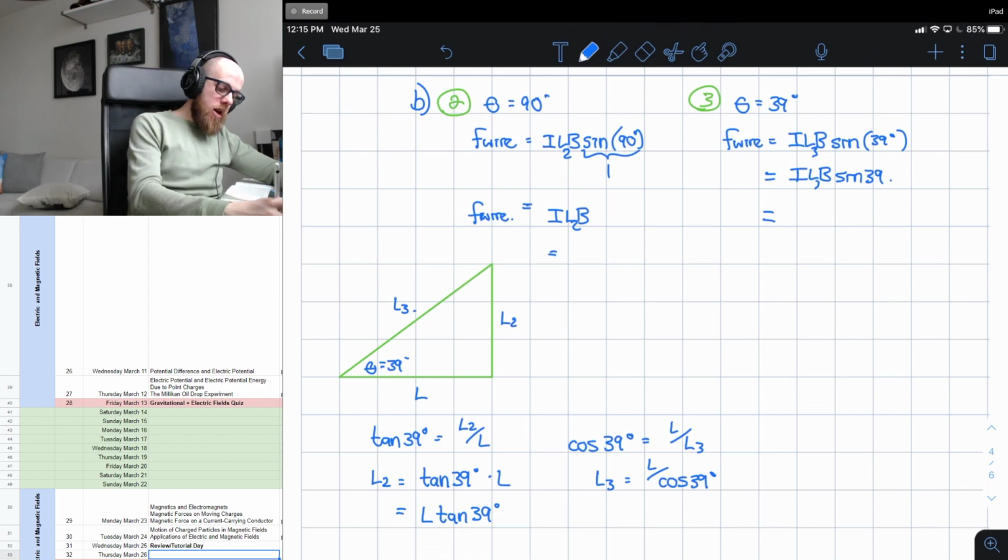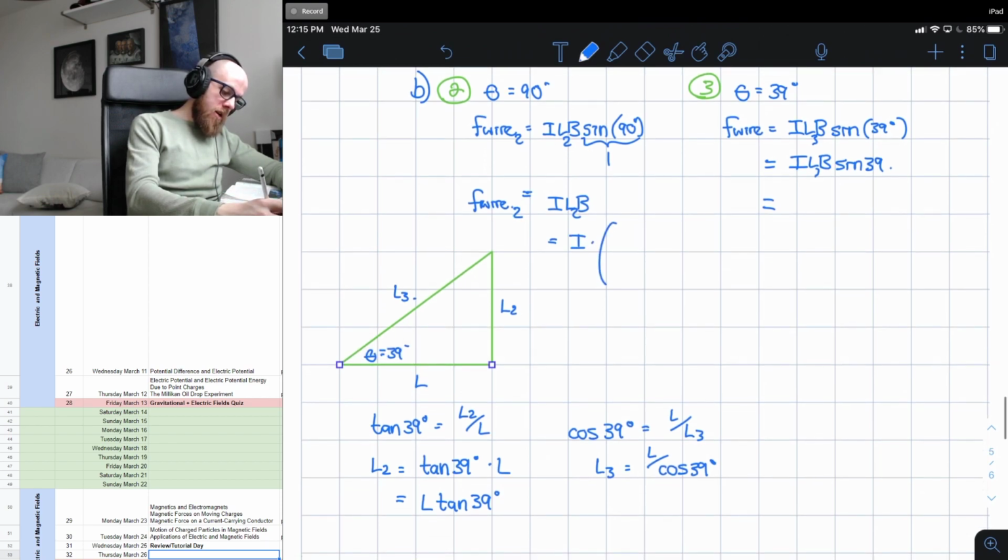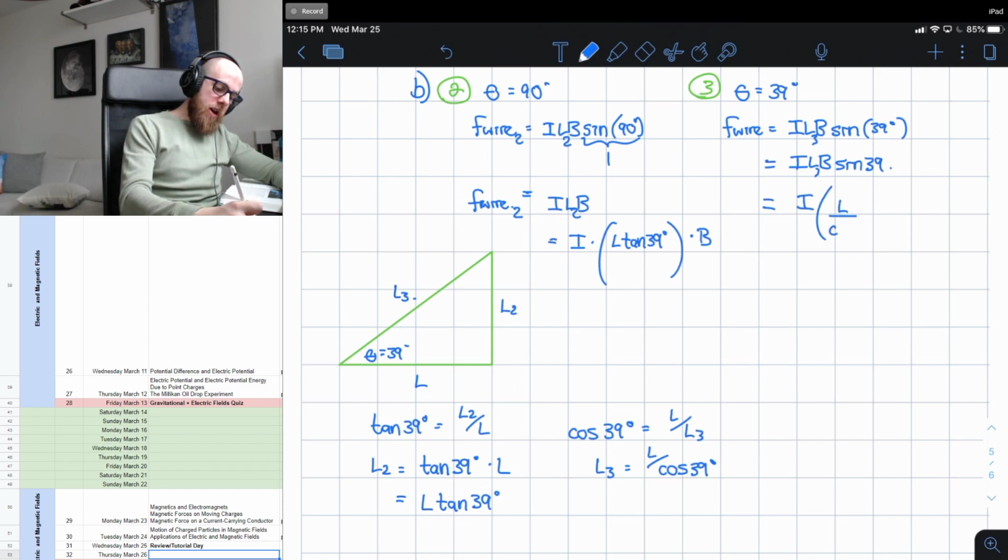The force on wire 2 is given by I times L2, where L2 is L tan 39, times the magnetic field strength. And the force on wire 3 is equal to I times L3, which is L over cosine 39, times B times sine 39.